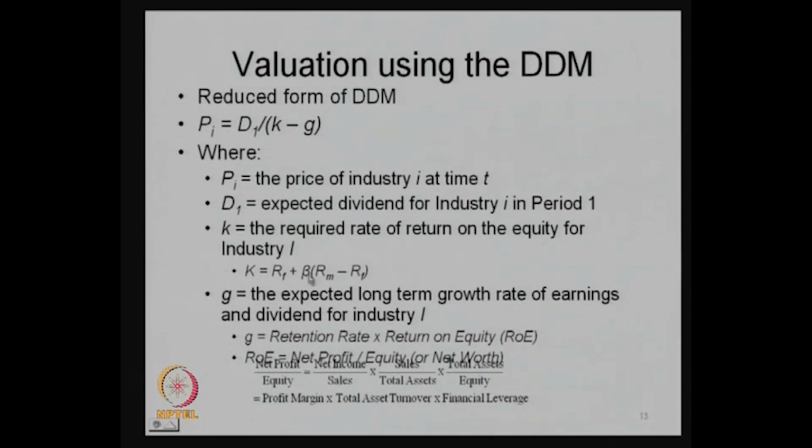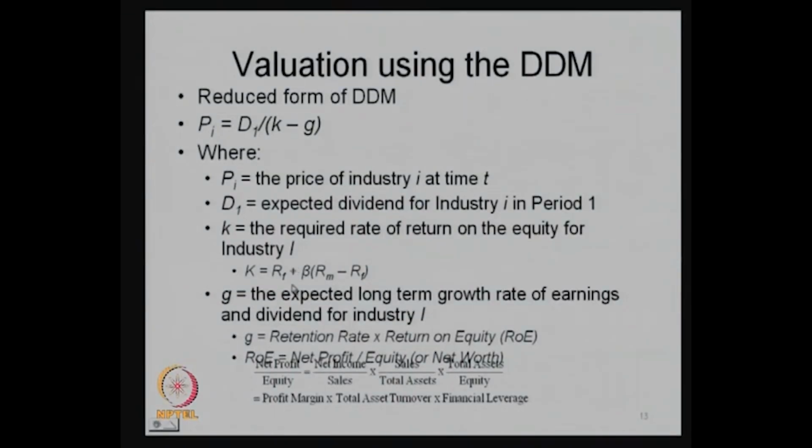And beta, we used to have beta as far as the company is concerned. Now, one can also have the beta as far as the industry is concerned. So, one can have indices for a particular industry and can regress the return on a particular sectoral index on the return of the broad index like Sensex or Nifty, and find out the beta for the particular sector as such, and there we can have the cost of capital.